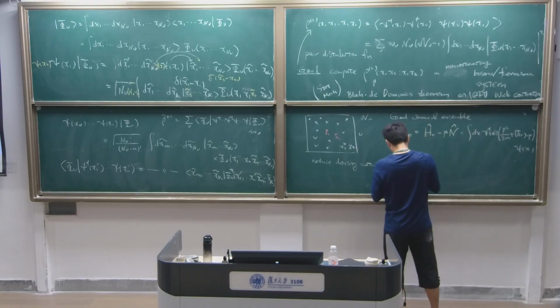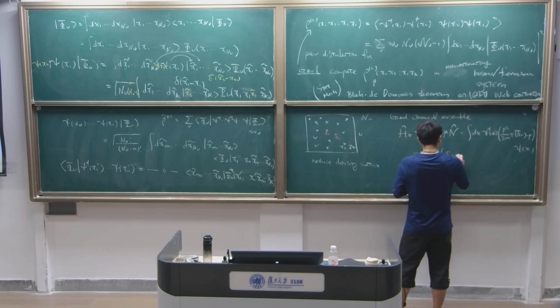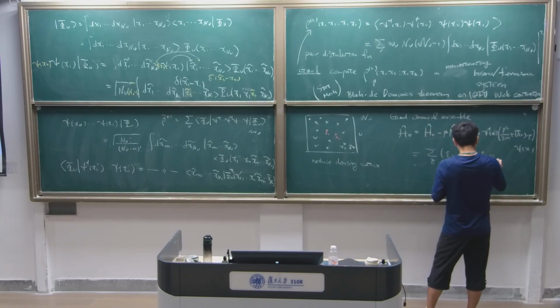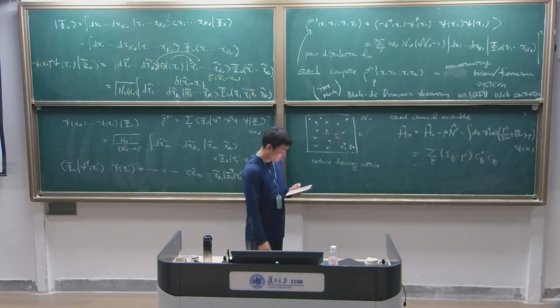And if you do the Fourier transformation to the momentum space, what you get is the sum over q of epsilon q minus mu, times a q dagger a q. Okay, that's what you get in momentum space.